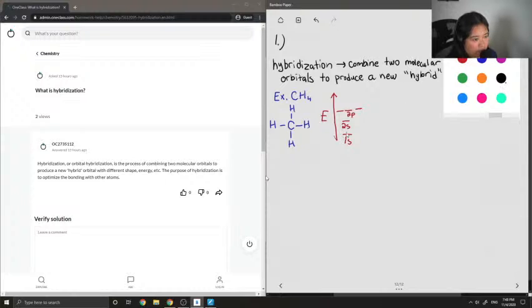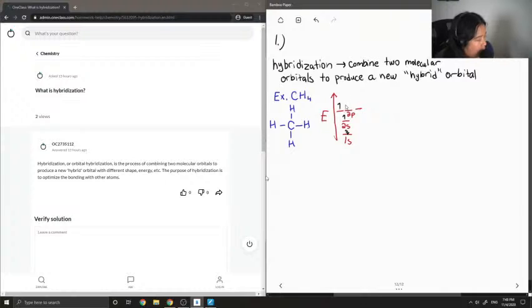You would have your electrons there. And then for the 4 hydrogens, they would all be at different energy levels. But we know that this isn't true because all of the hydrogens should be equivalent in energy since they are all the same. So this is when hybridization comes in.